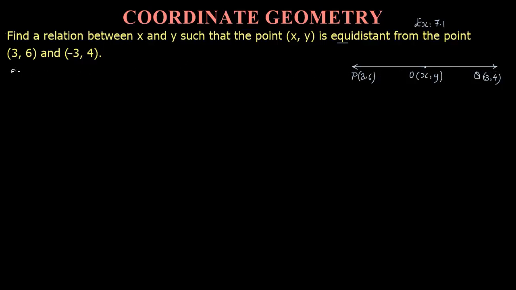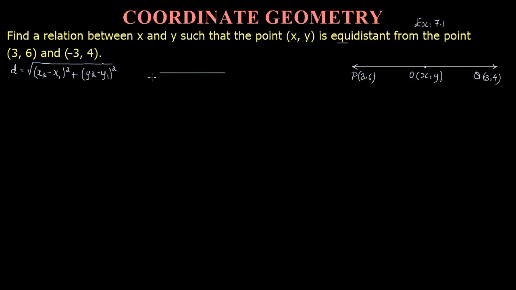So let me write the distance formula first. What is the distance formula? Square root of x2 minus x1 whole square plus y2 minus y1 the whole square, right? So if I am talking about the distance between P and O, let me draw a line PO first then, right?